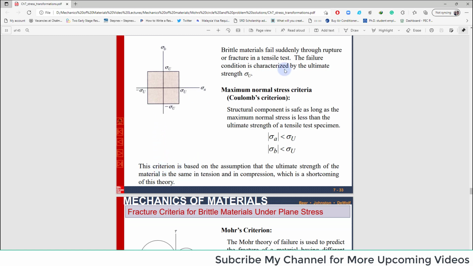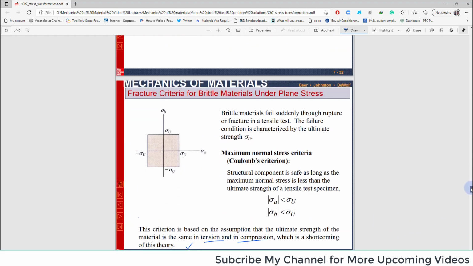This criteria is based on the assumption that the ultimate strength of material is the same in tension and in compression, which is the shortcoming of this theory. So we cannot apply this theory, the maximum normal stress criteria for brittle material, on a material under compression.